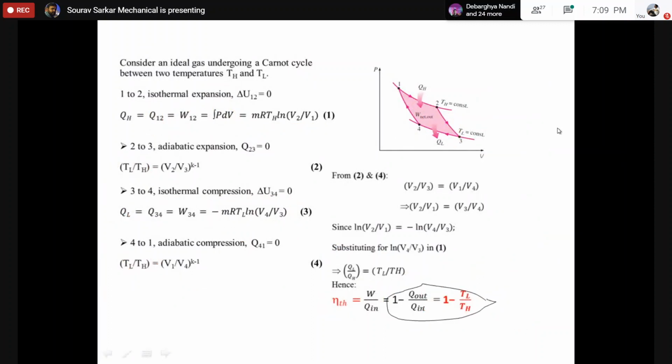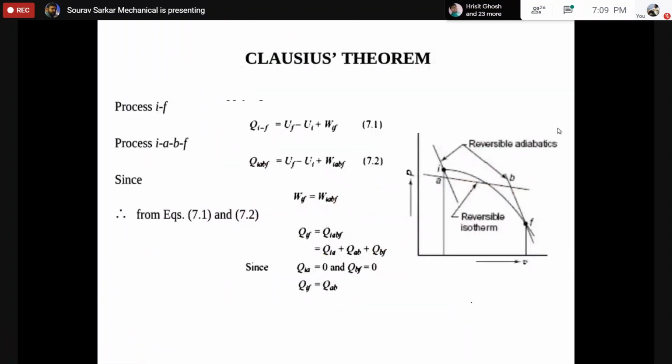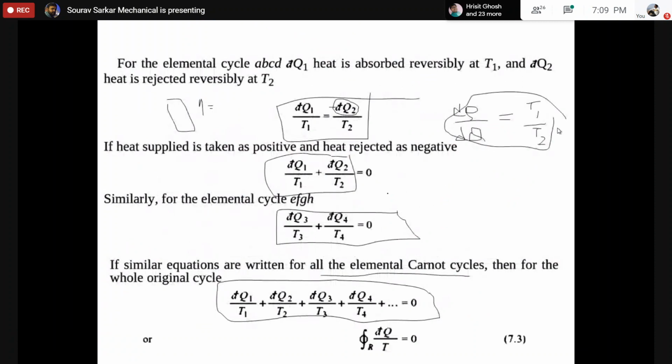So if it is valid, Q out by Q in equals TL by TH. So I can write Q out by TL equals Q in by TH. So similarly, I have written it here that Q1 by T1 equals dQ by T2. After that, if I consider that heat supply is positive, then heat rejection will be negative. So it is a rejected heat.